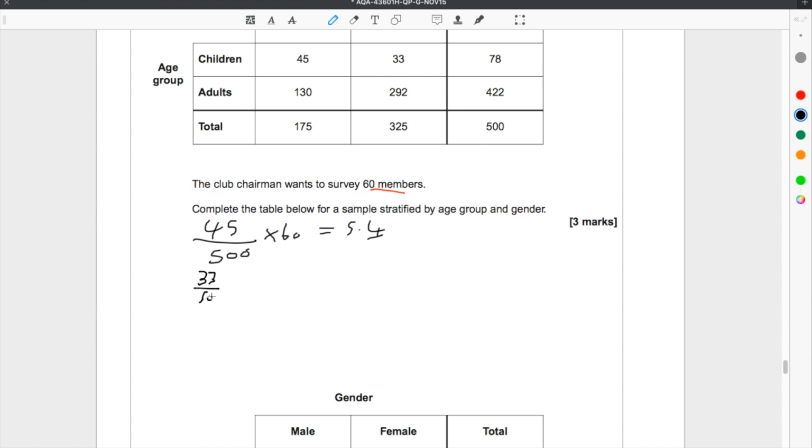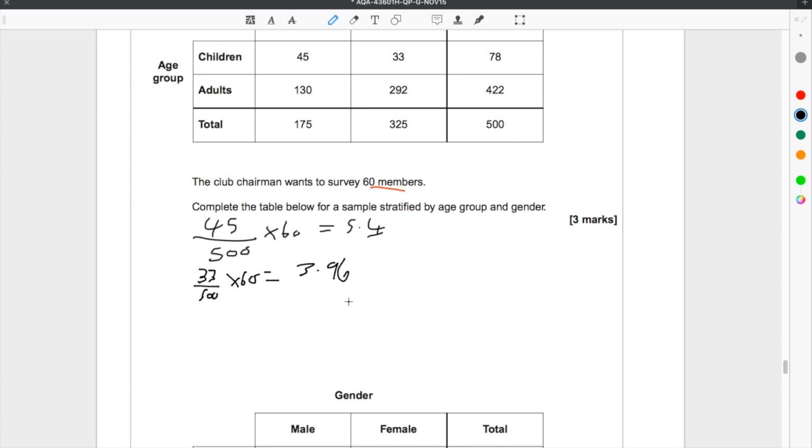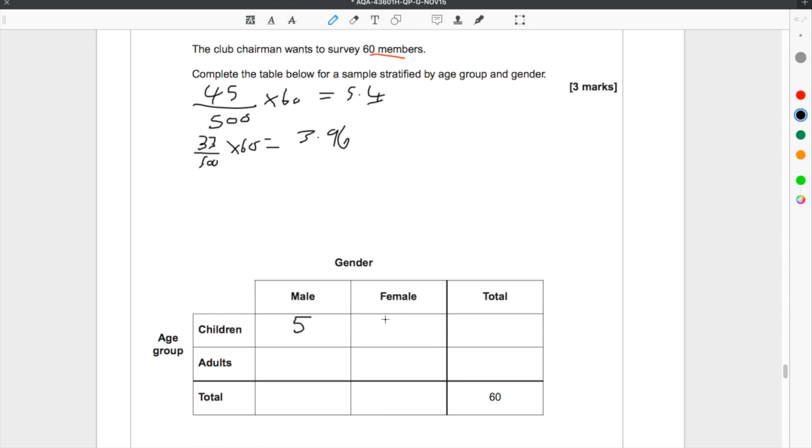Divided by 500 times by 60. And that gives us 33 divided by 500, type that in wrong there, times 60, gives us 3.96. Again, we can't have 0.96 of a person, this rounds up to 4.